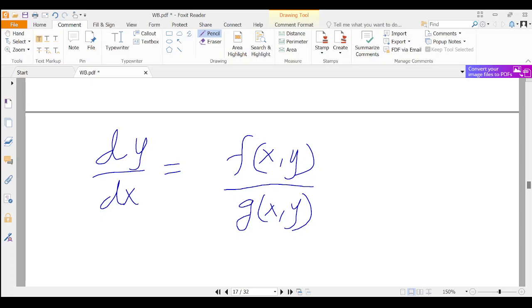So if the function f is of degree 2, the function g must also be homogeneous of degree 2. In such a case, the differential equation will be said to be homogeneous of degree 2.